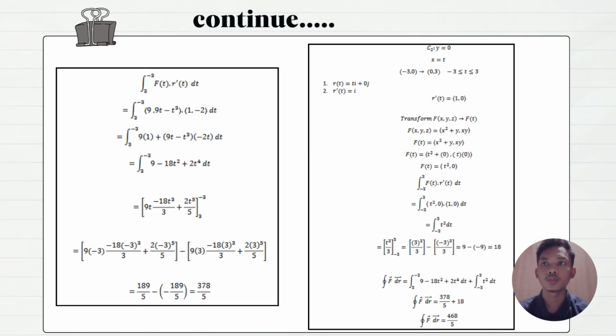Integrating t squared dt from negative 3 to 3 results in 18. By summing both results, the total closed line integral of F dot dr is 378 over 5 plus 18, which equals 468 over 5. Since this matches our previous double integral result, Green's theorem is successfully verified.